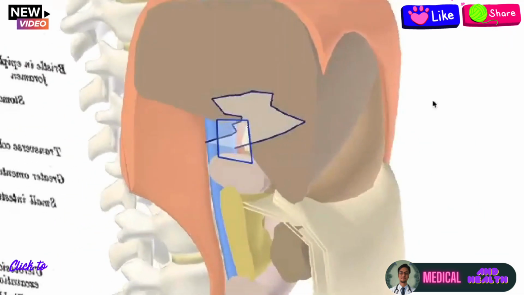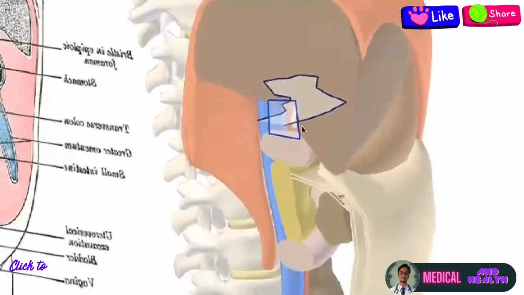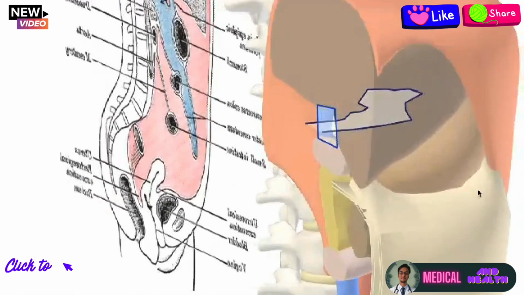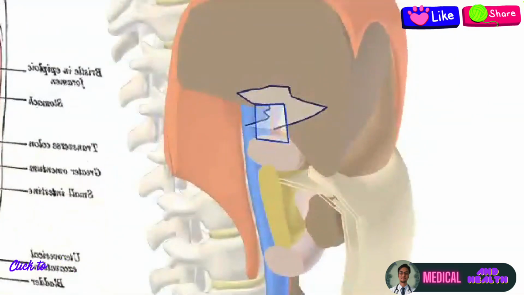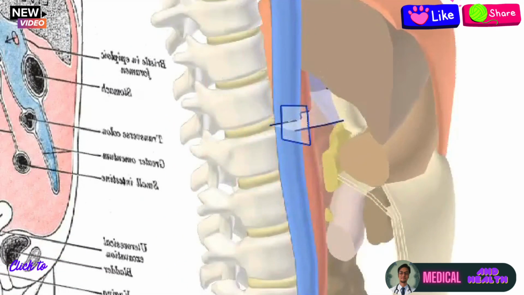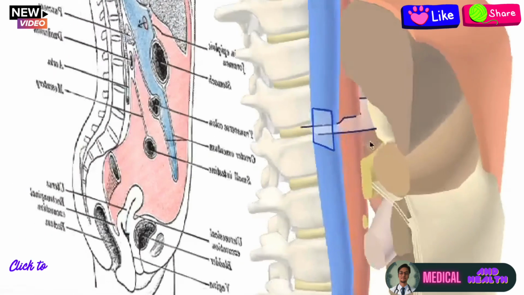Alright, so what I want to do now is keep moving this sagittal section back this way to the left and provide you with a couple more sagittal sections of the lesser sac to give you an idea of its dimensions throughout. Back we go. Up until the midline.